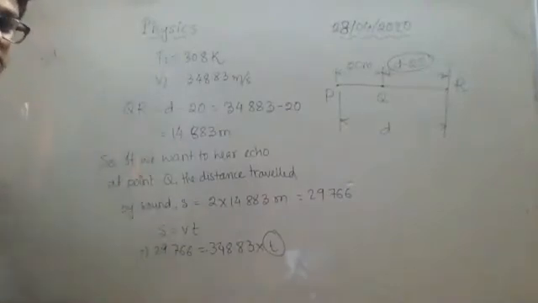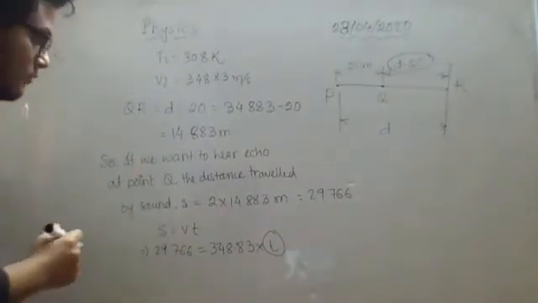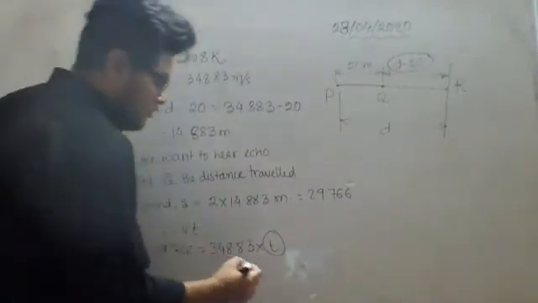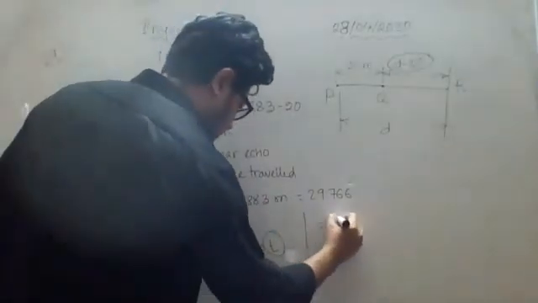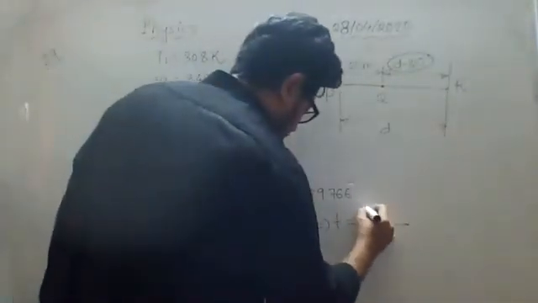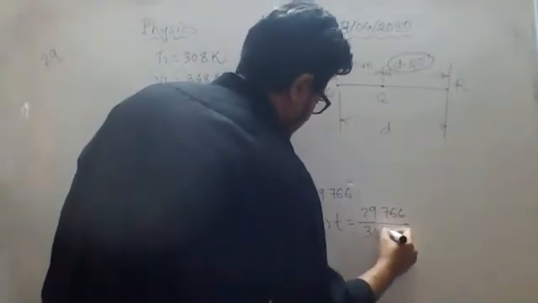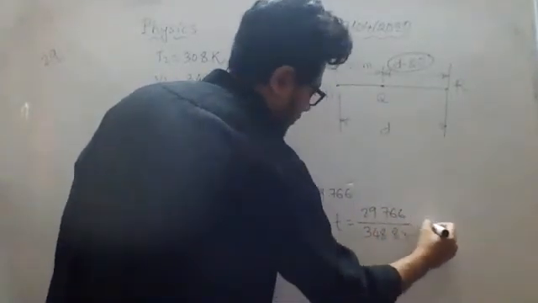We will find out whether the time is greater than 0.1, which is the minimum time required to hear an echo. So T will be equal to 29.766 divided by 348.83. What will be the value?